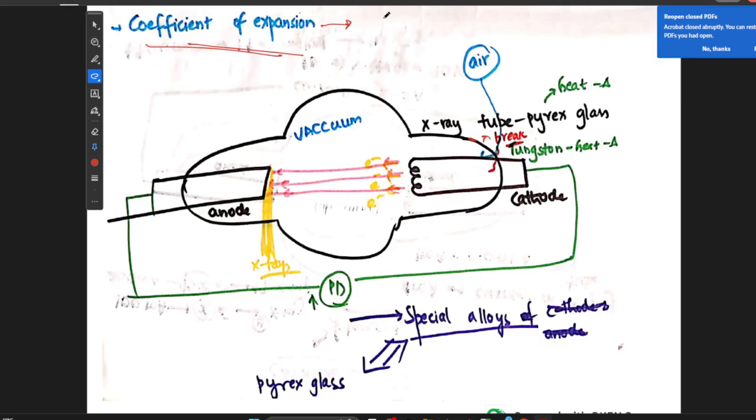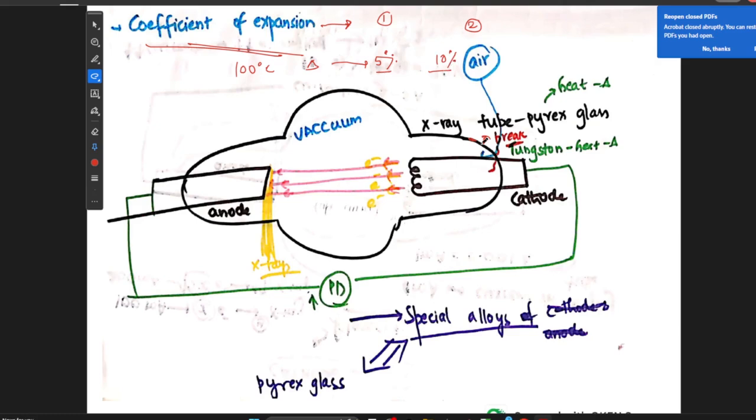Two different metals, metal 1 and metal 2, will have different coefficients of expansion. That means if you heat metal 1 to 100 degrees Celsius, it might expand 5%, whereas if you heat metal 2 to the same 100 degrees Celsius, it might expand more, say 10%. So this is the coefficient of expansion. That means how much the metal expands when it is heated.